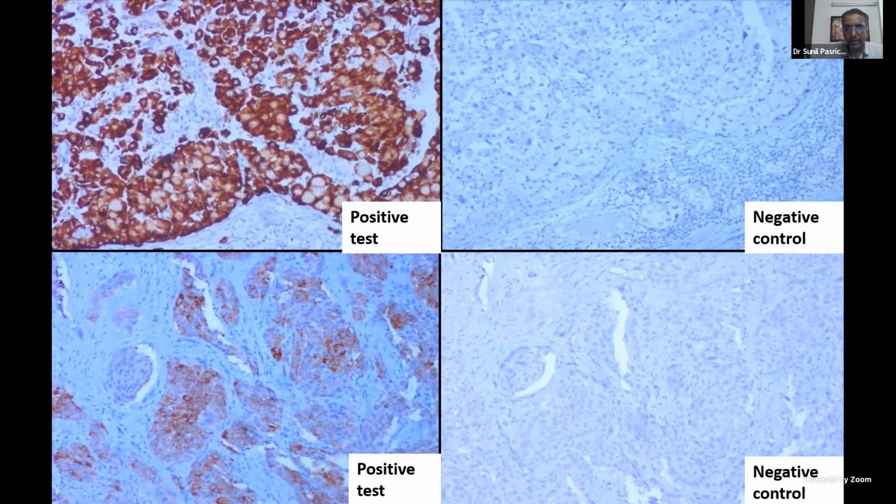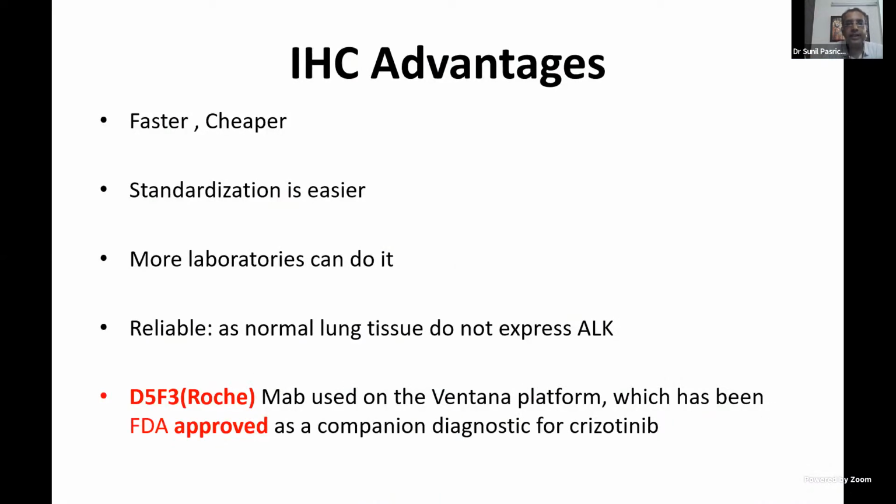Immunohistochemistry definitely has advantages, as it is faster, cheaper, standardization is easier, and more labs can do it. It is reliable as the normal lung tissue does not express ALK, and the D5F3 monoclonal antibody used on the Ventana platform has been FDA approved as a companion diagnostic for crizotinib, and we are using this antibody at our institute.